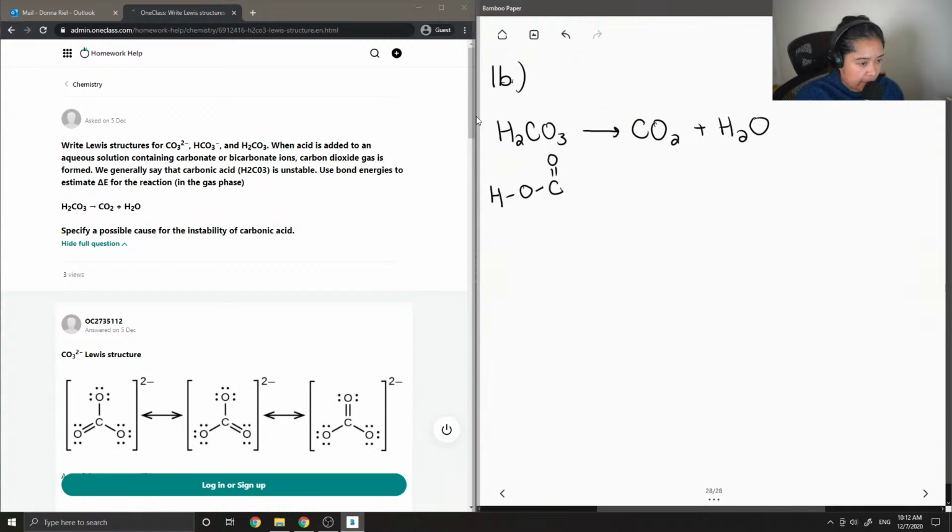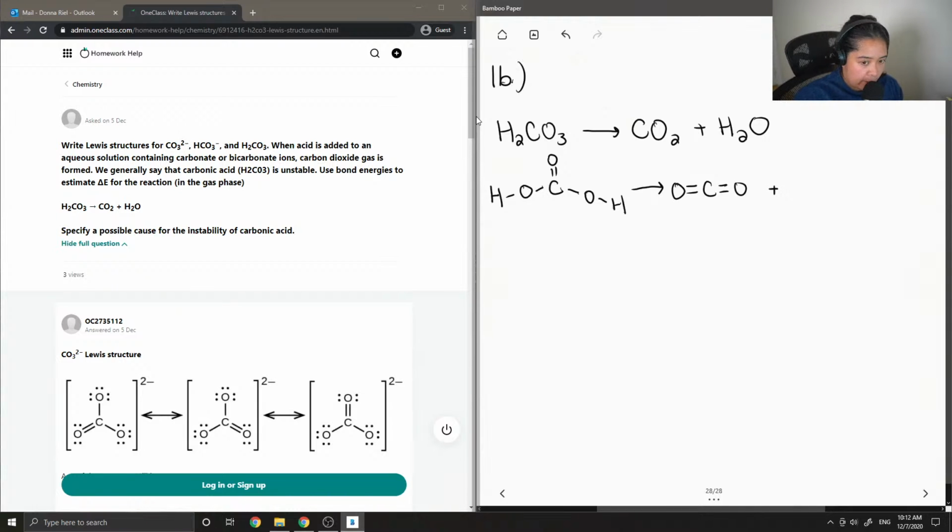So we know from the previous step what the Lewis structure of carbonic acid is. And the structure for carbon dioxide is just carbon double bonded with 2 oxygens.